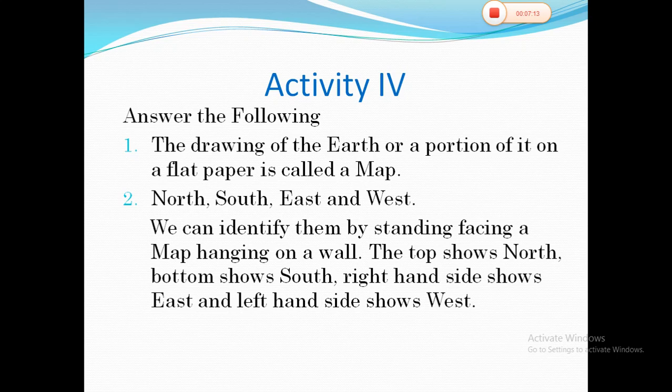Answer. North, south, east and west. We can identify them by standing facing a map hanging on a wall. The top shows north, bottom shows south, right hand side shows east and left hand side shows west.